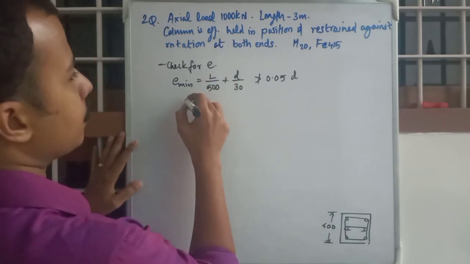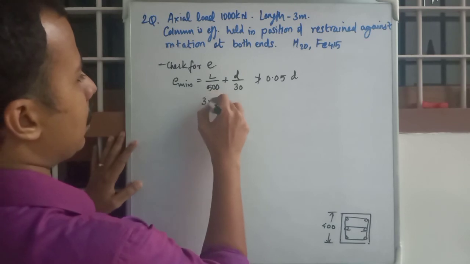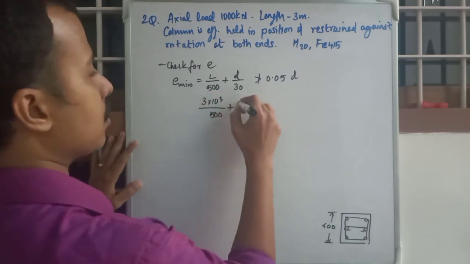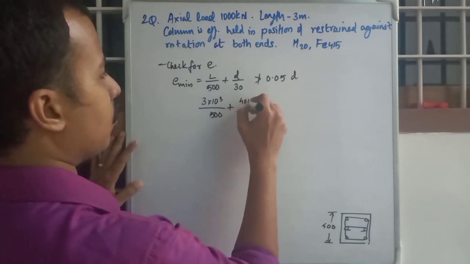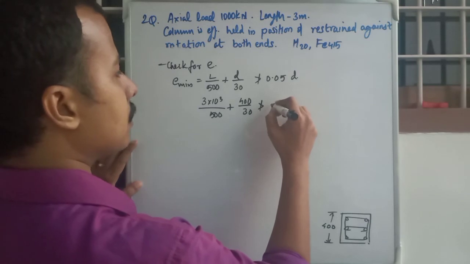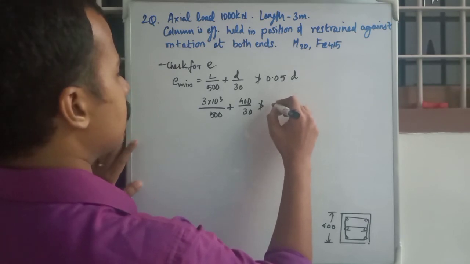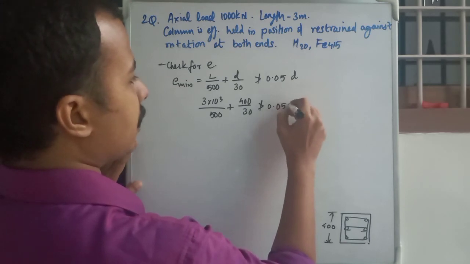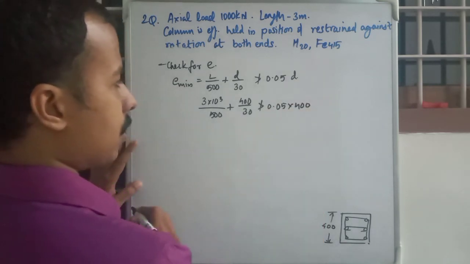So 3 into 10 raised to 3 by 500 plus 400 by 30 shouldn't be greater than 0.05 into 400.